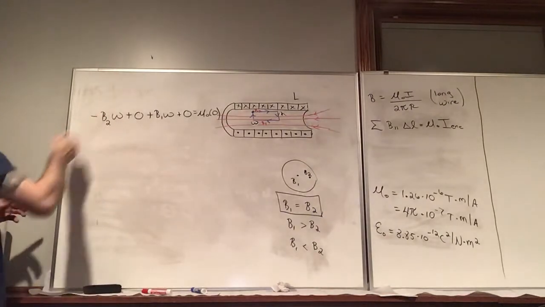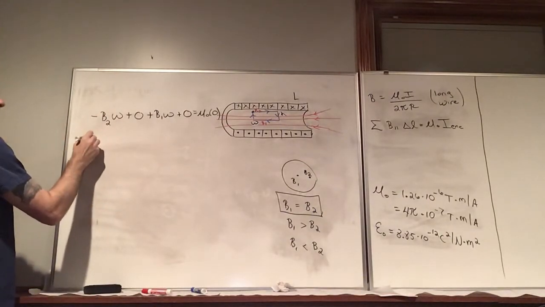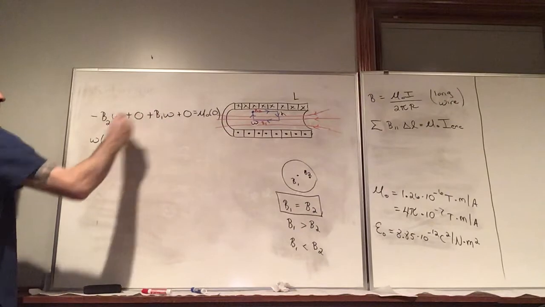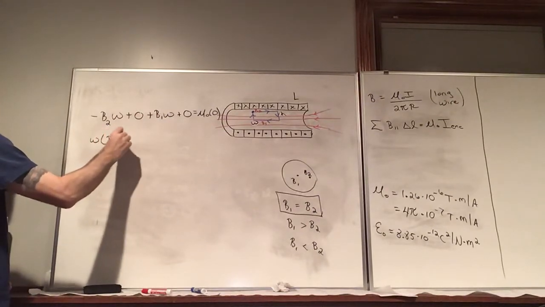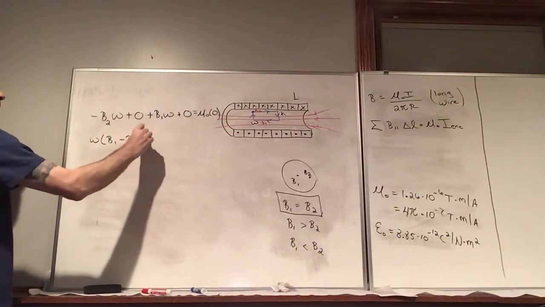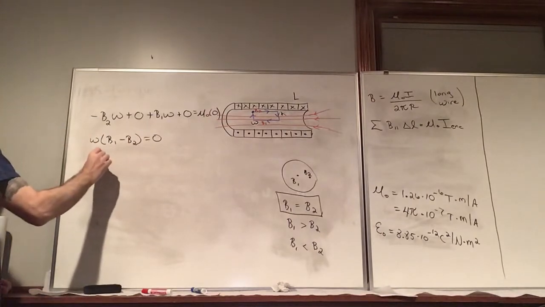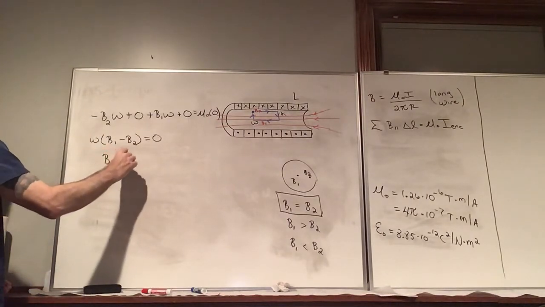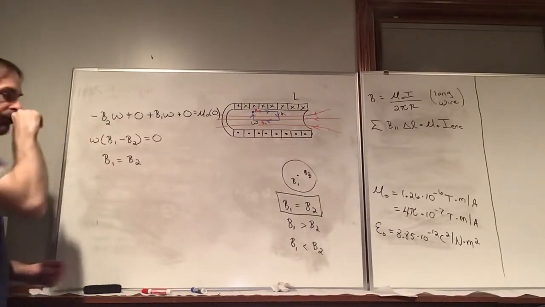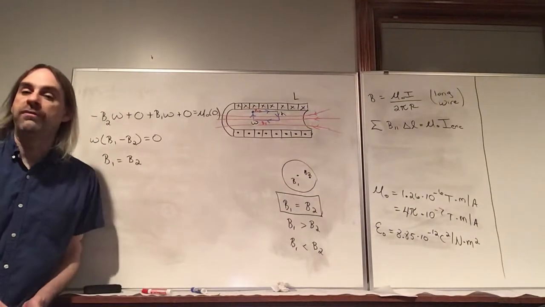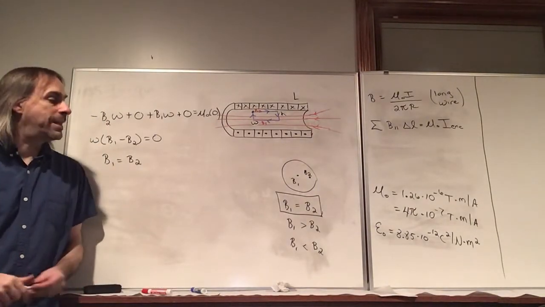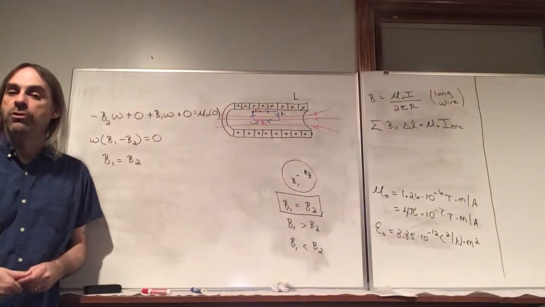So we can factor a W out of here. So we have W times, let's say, B1 minus B2 equals 0, or B1 equals B2, which is what I kind of told you in advance. But Ampere's law can actually show us that that is true.